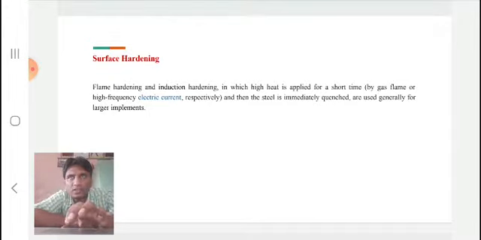So flame hardening is a common surface hardening method. Metal surfaces such as steel are heated with high temperature flame and then quenched. The result of flame hardening is hard surface that is more resistant against wear and corrosion.